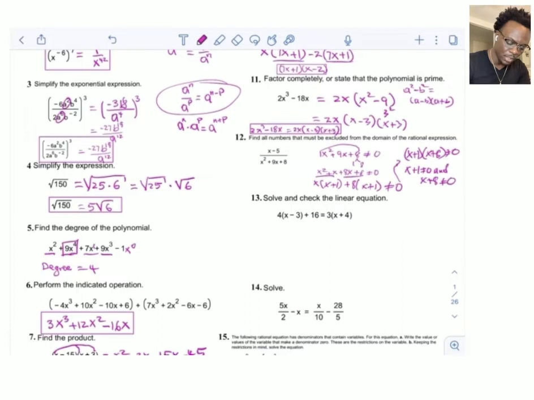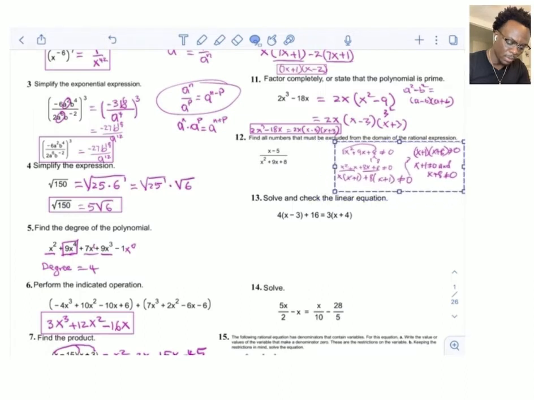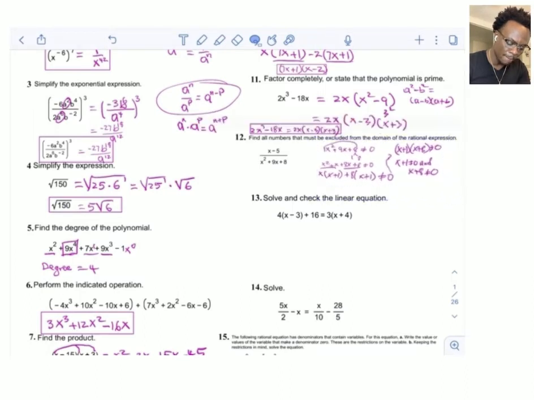So the excluded values for the existence of this expression are negative 8 and negative 1. So x not equal negative 1 when we solve this one.